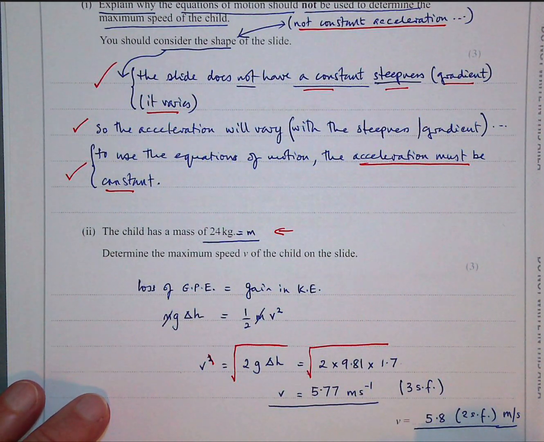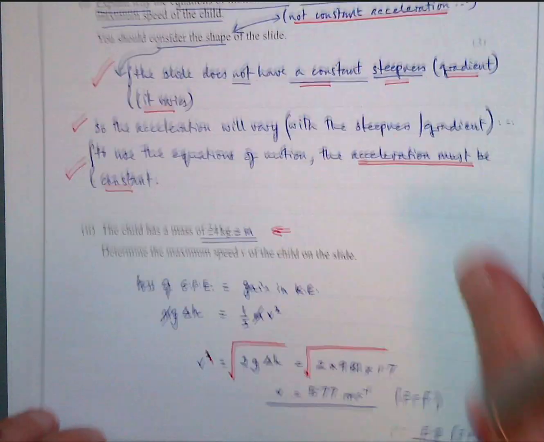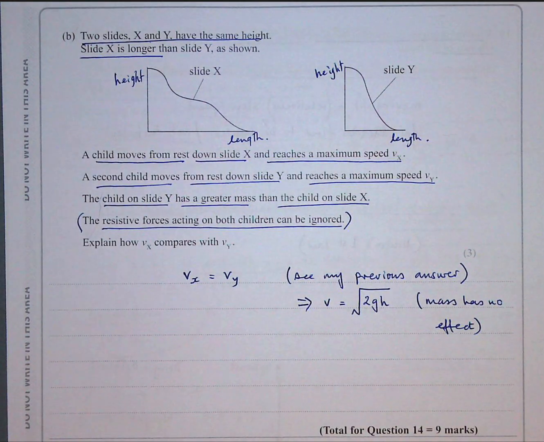And can you put it down to 2 significant figures? Why not? The only thing they've given you is height. This is 3 significant figures, this is 2 significant figures. So 2 or 3 significant figures is applicable to this question. Okay, so that's question 14 first part.